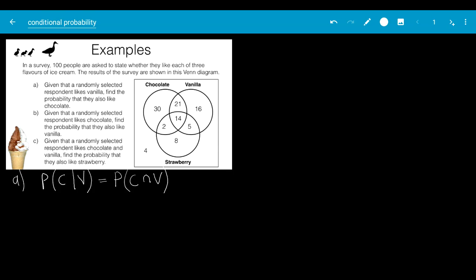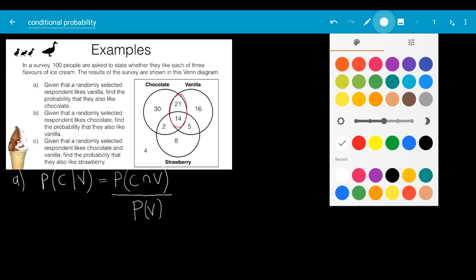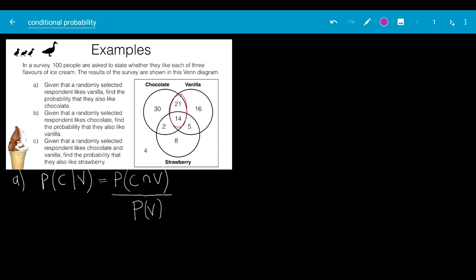Now you can hopefully see that this represents these people here, those 21 plus 14, those who like chocolate and vanilla. And that is all divided by all the people that like vanilla, which again, hopefully you can see is all of these people.